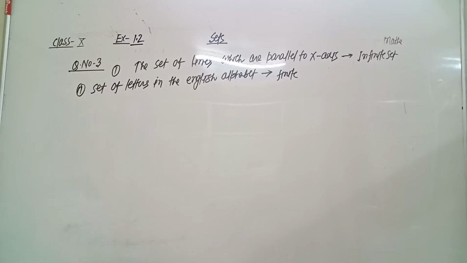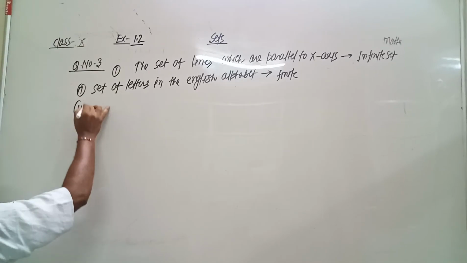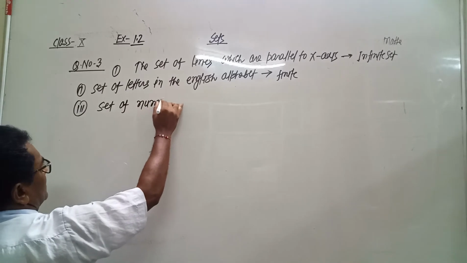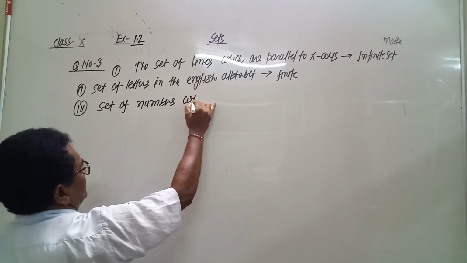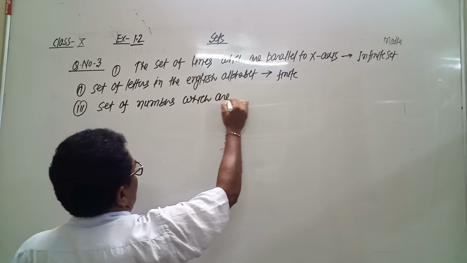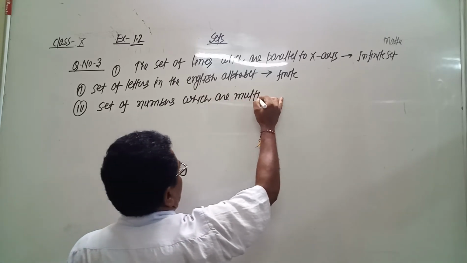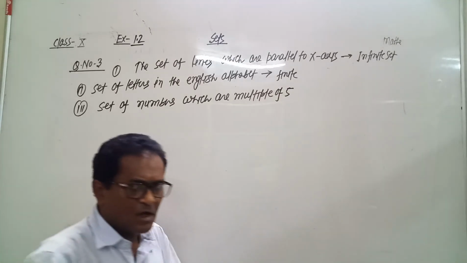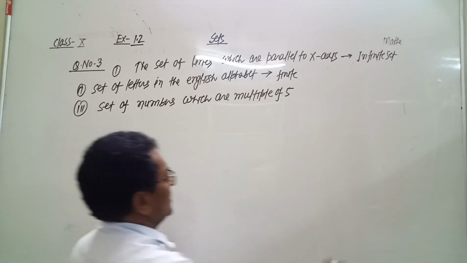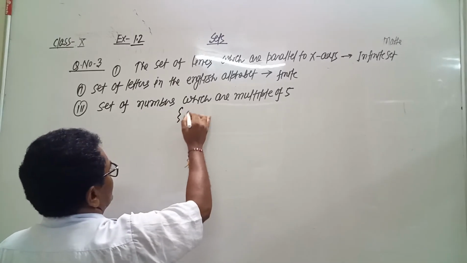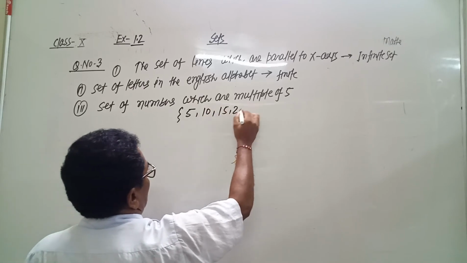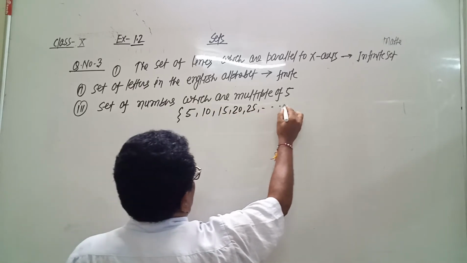The set of numbers which are multiple of 5. So this is also an infinite set because there are a large number of elements which are multiple of 5: 5, 10, 15, 20, 25, and so on.